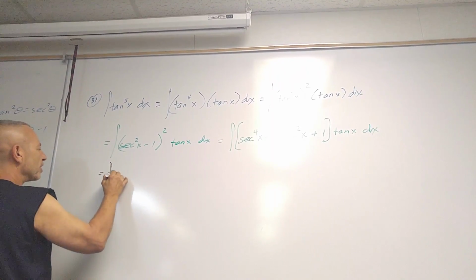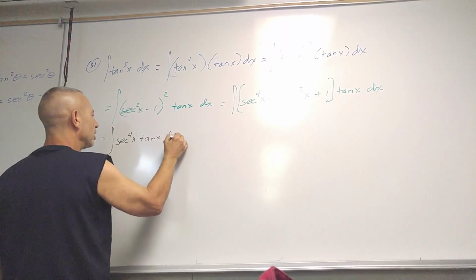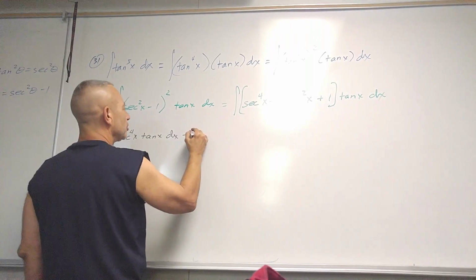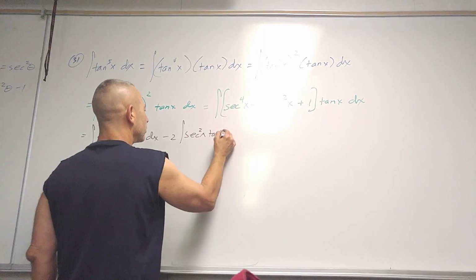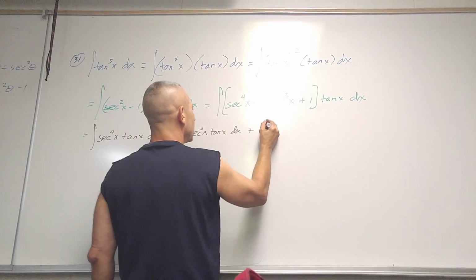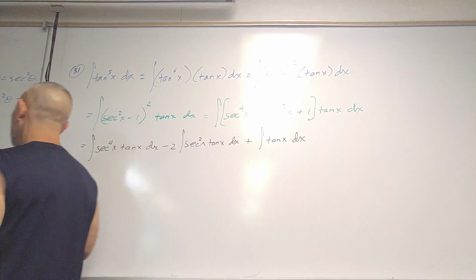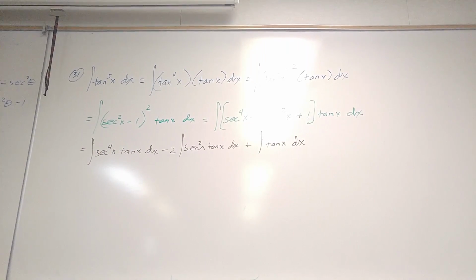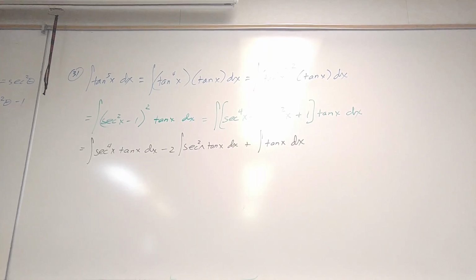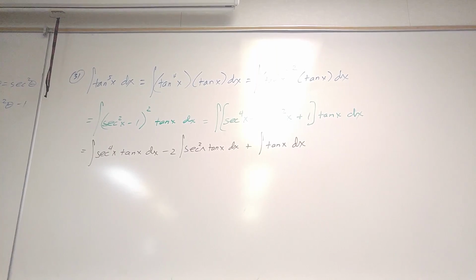So in other words, I've got integral secant to the fourth x tan x dx minus 2 integrals secant squared x tan x dx plus integral tan x dx. So I like this so far in that of those 3 integrals generated, I know absolutely how to do the last 2. I have a formula memorized for the last one.